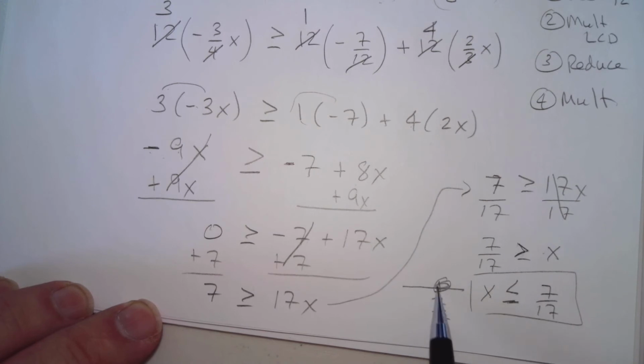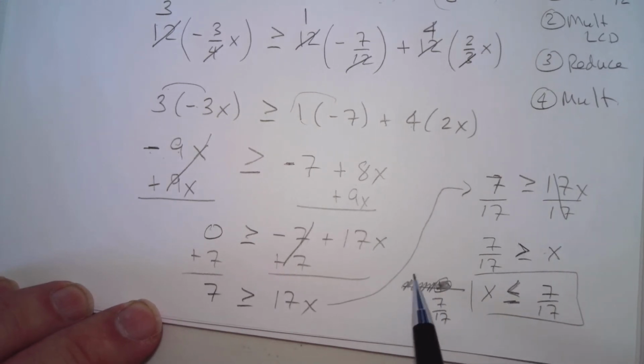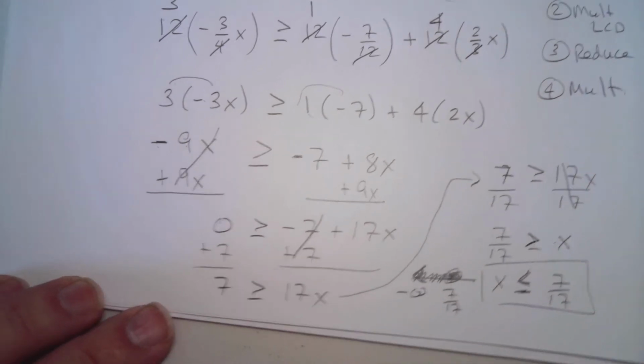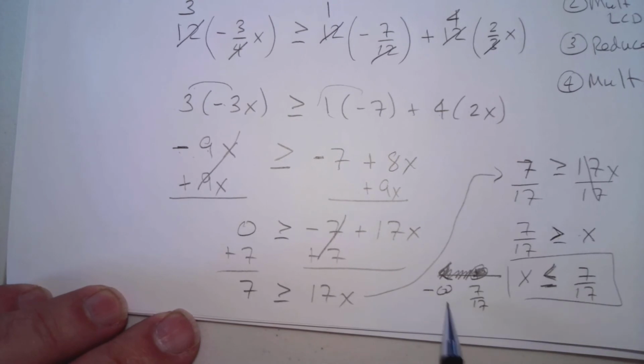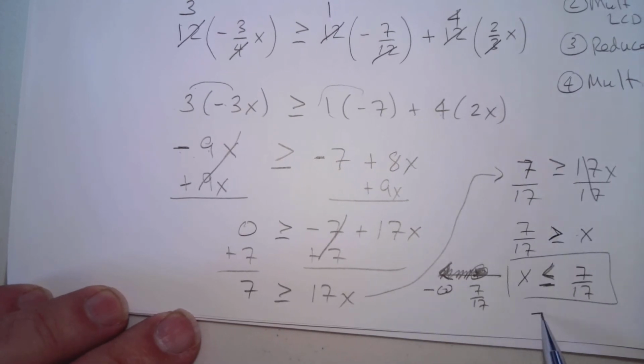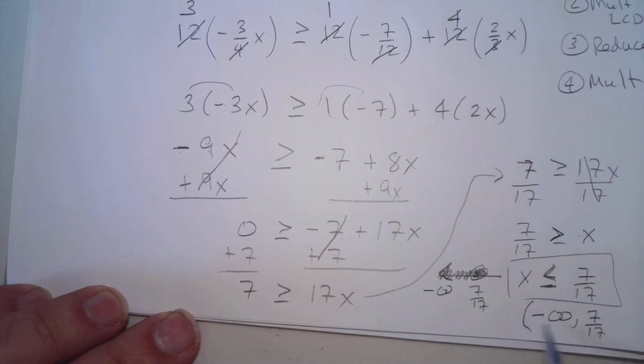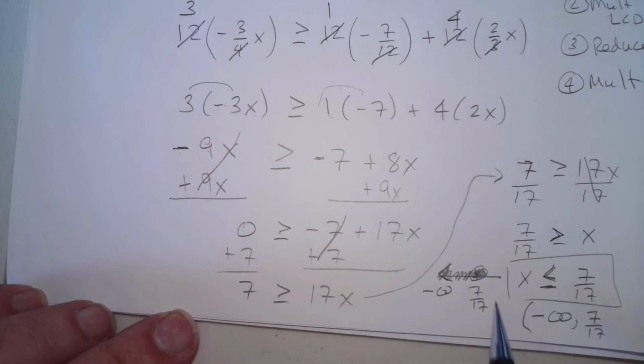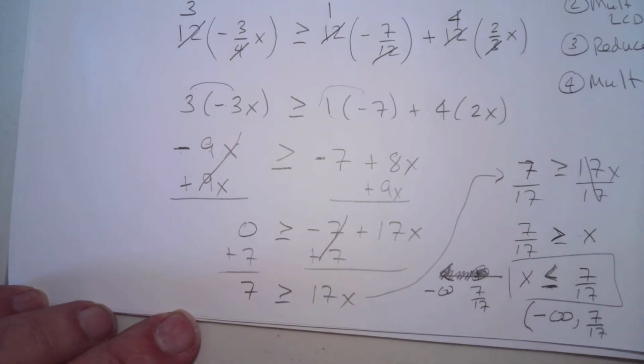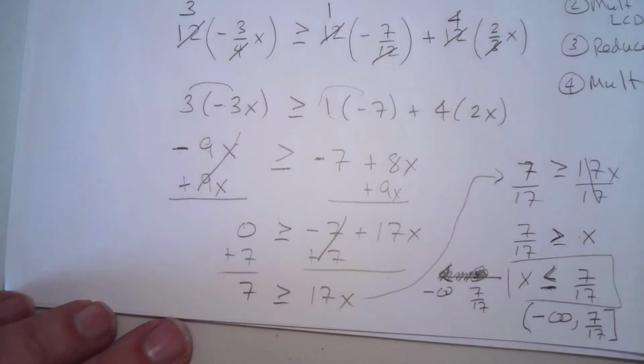It's a solid circle, and it's going to the left, this way, to negative infinity. So our interval notation is from negative infinity to 7 over 17. Infinity is always a parenthesis. Since it's an equal sign or a solid dot, it's a bracket.